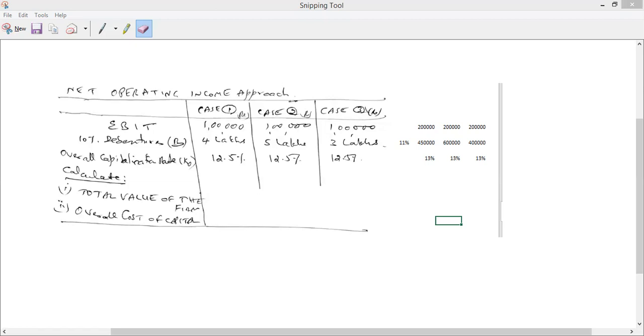Dheeraj, can you please repeat the net income? Net income comes to, give me 1 second. I've actually calculated that in a single formula. 1,50,500 for the first one.